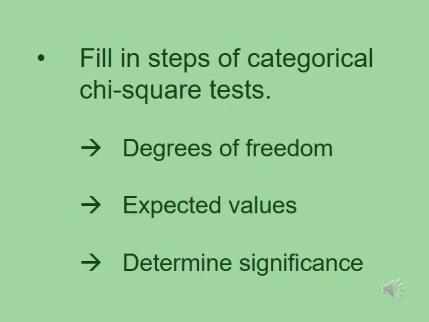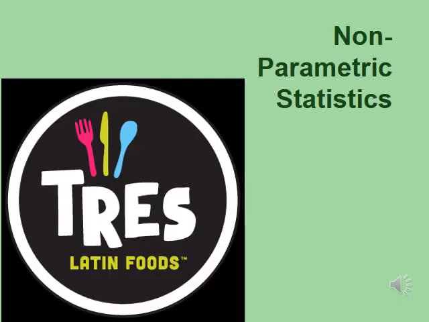Number 3 on the list of topics is non-parametric statistics. And if you jump straight to this without watching the earlier videos, you definitely will want to go back to the very first one and make sure that you do know all about non-parametric statistics.